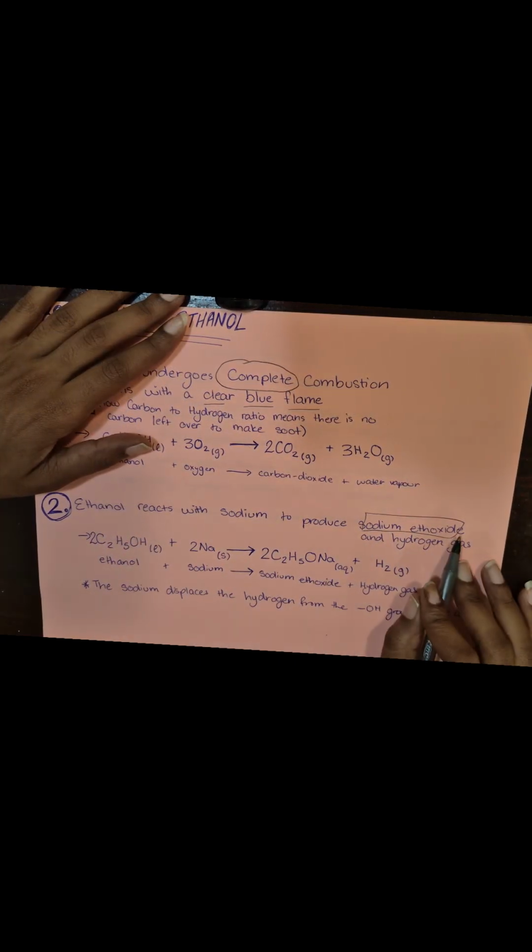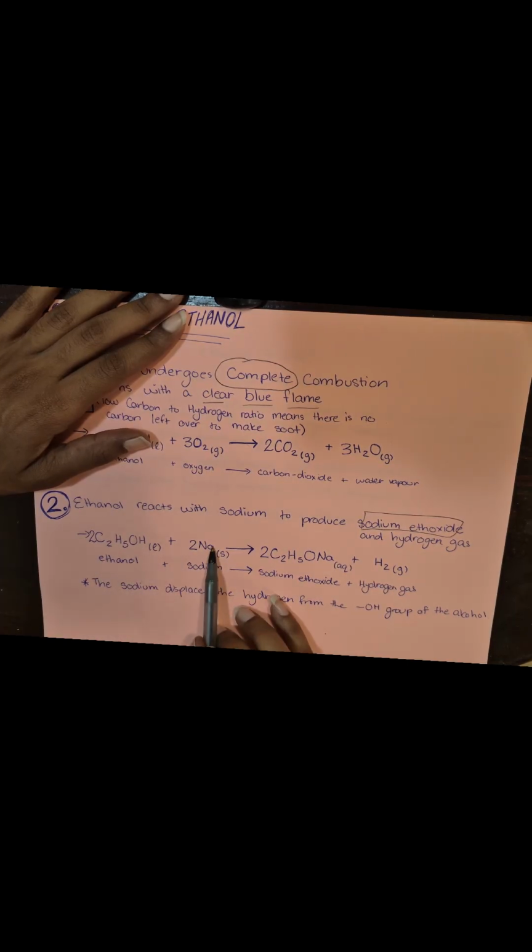The next reaction of ethanol that you need to know is that ethanol reacts with sodium to produce sodium ethoxide and hydrogen gas. So ethanol plus sodium, the sodium is going to displace the hydrogen of the ethanol.